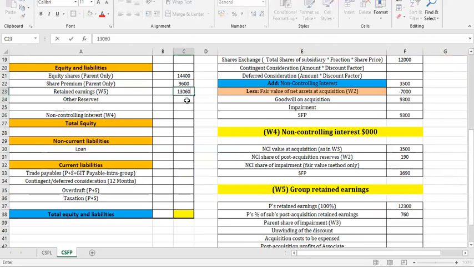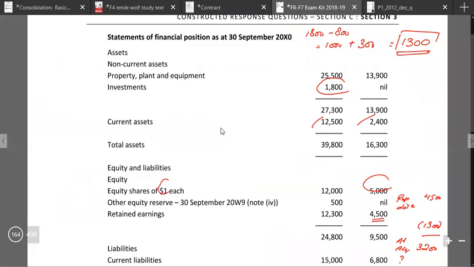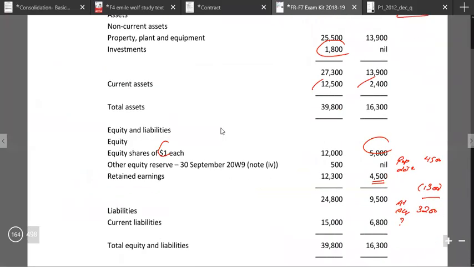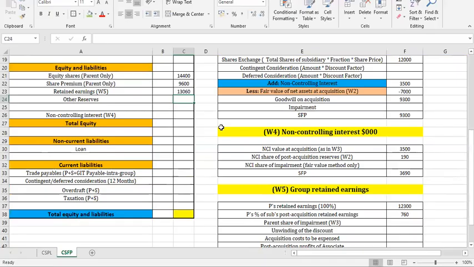Okay, then you have the other reserves. Yes, other reserves were 500, and in this 500 the gain will be added. 500 plus that gain 300, that belongs to the parent. Now 800. NCI is 3,690.